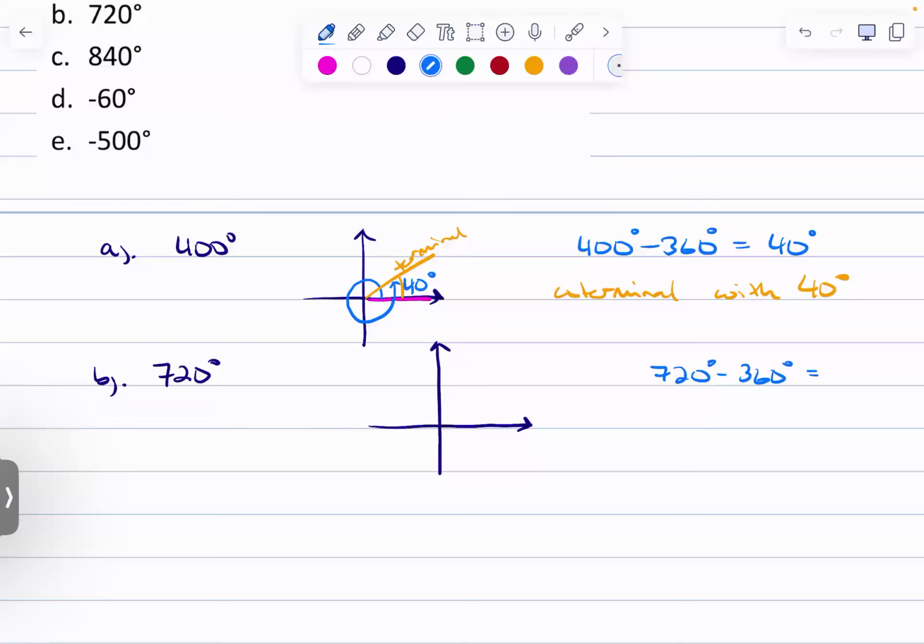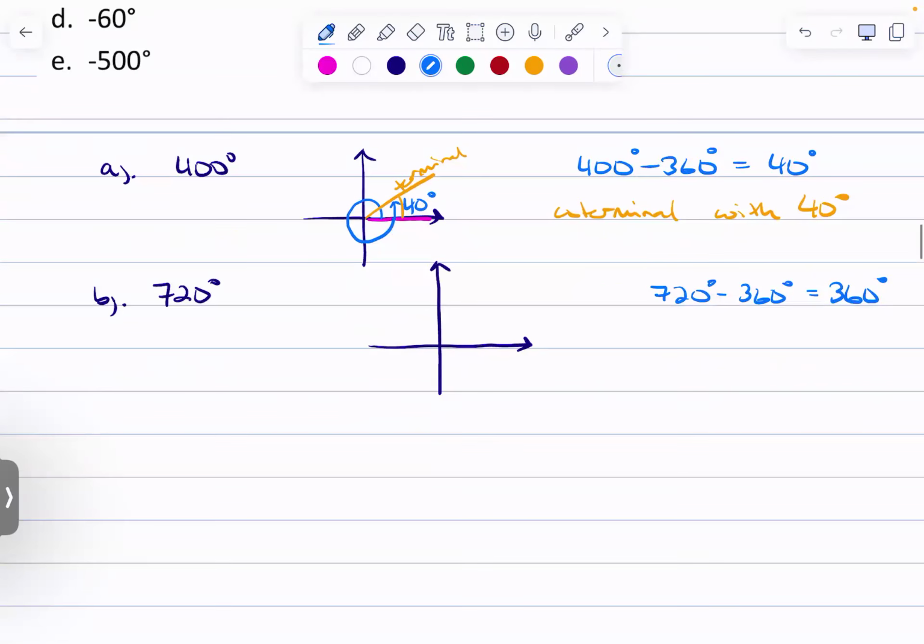If it's less than 360, then I'll stop, but it is 360, which is kind of exciting. Which means I can go another rotation, and then that's it. So what does that look like? I'm going to go around one time, two times, and then I'm coterminal with 0 degrees.